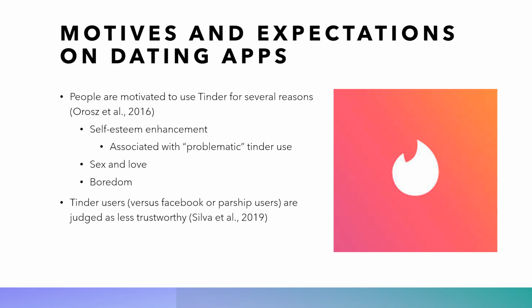What was interesting is that this research project found that people who use Tinder primarily for self-esteem enhancement also tend to endorse more problematic Tinder use. So when I say problematic Tinder use, what I'm talking about is sort of addictive behaviors towards Tinder.